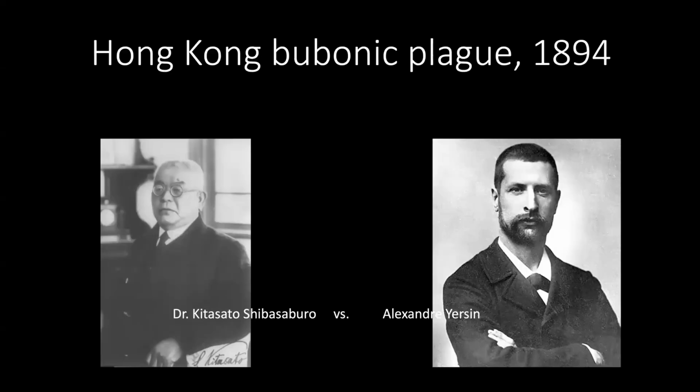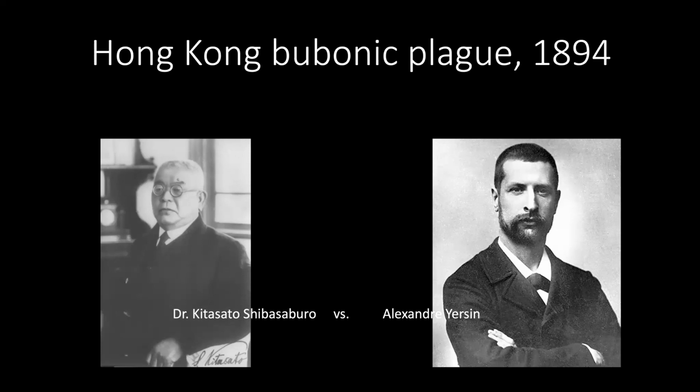Dr. Kitasato Shibasaburo also had another major contribution. That was when the third global plague pandemic hit in the late 1890s. It emerged in southern China, made its way to Hong Kong, which by 1894 was a British colony, knitted to the entire world via the British ships that went everywhere.